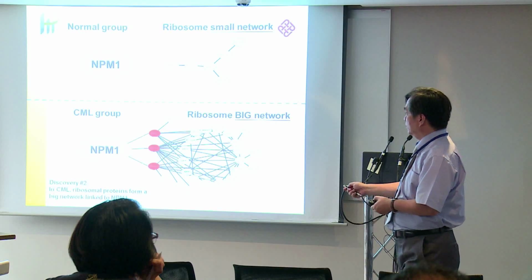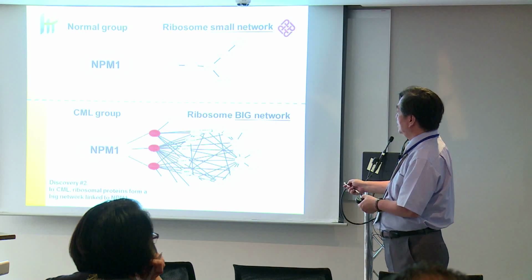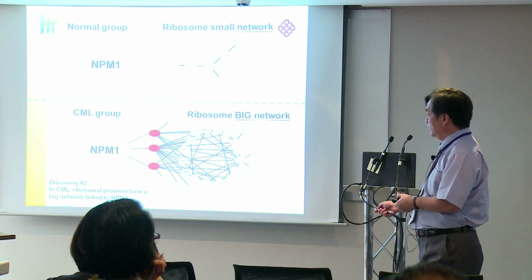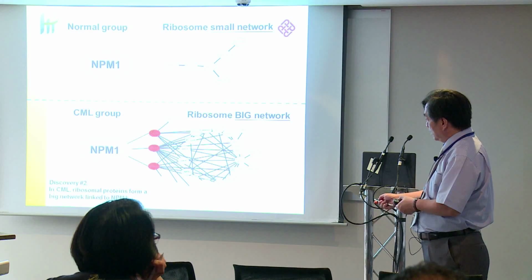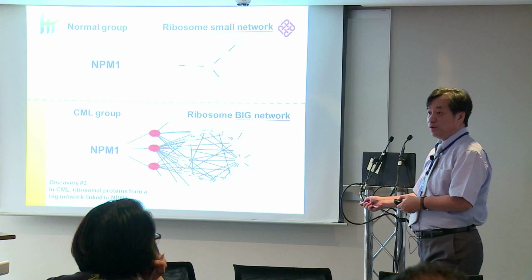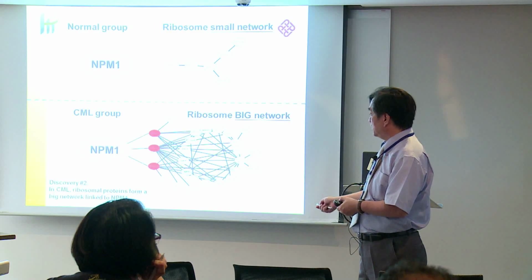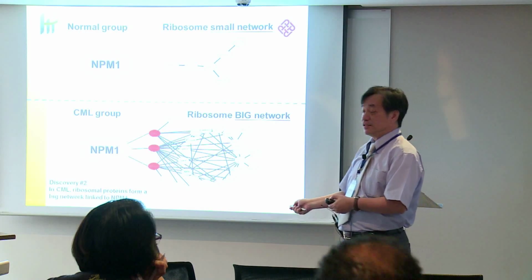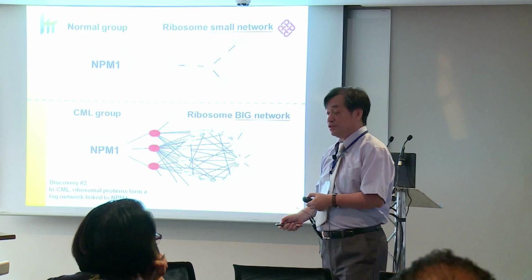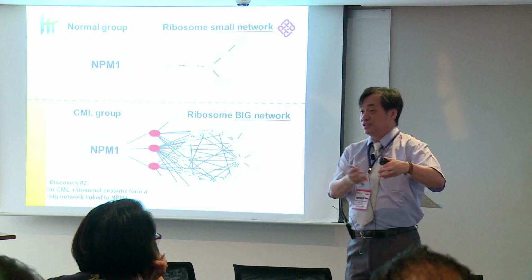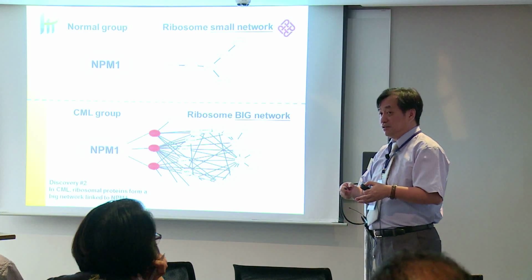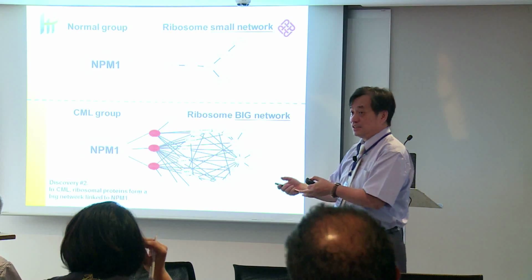Very interesting. In the normal group, NPM1 is loosely linked with the ribosomal machinery. But in cancer, it is importantly linked with 3 important ribosomal proteins. These 3 ribosomal proteins have been reported in recent years to play an important role interacting with B23 and also p53 in control of apoptosis. So our study using bioinformatics, biostatistics, and also biochemistry, the data have been verified by a lot of biochemistry studies in recent years.